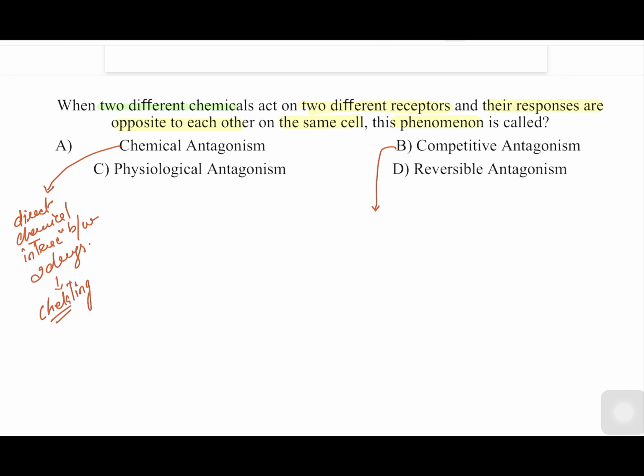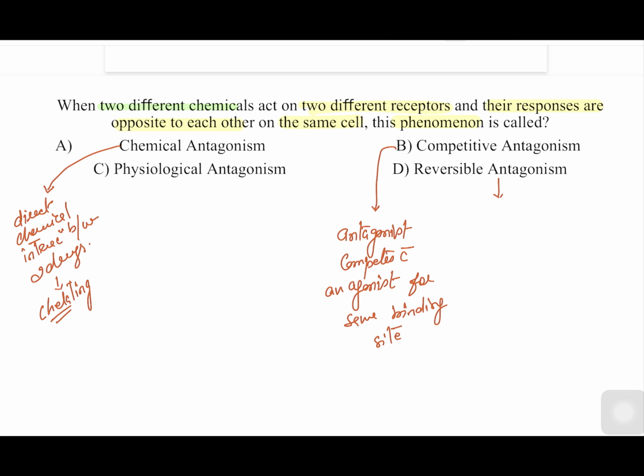Next is competitive antagonism. Competitive antagonism means the antagonist competes with an agonist for the same binding site in the receptor. So these are competitive antagonists.